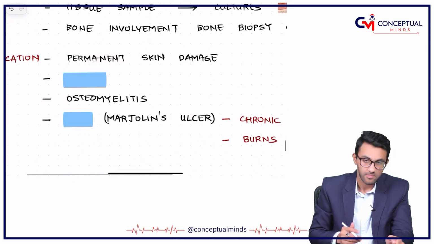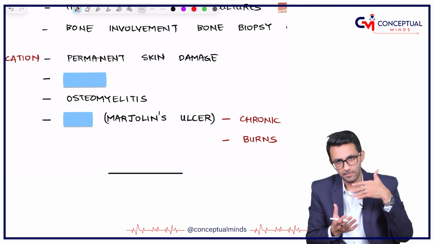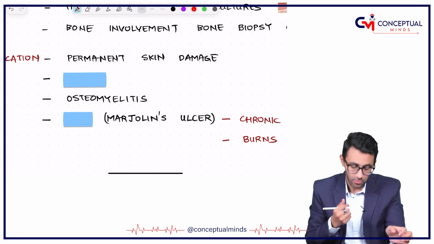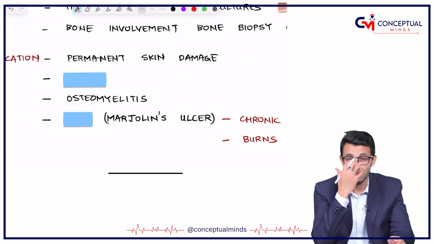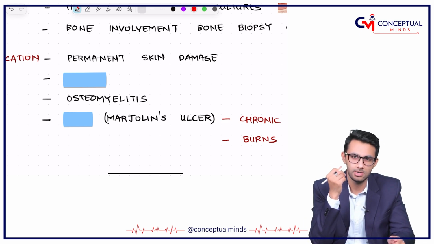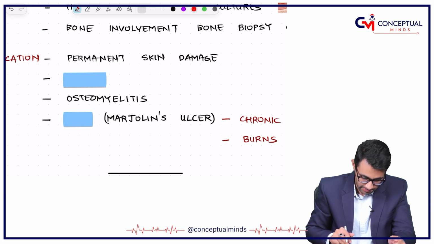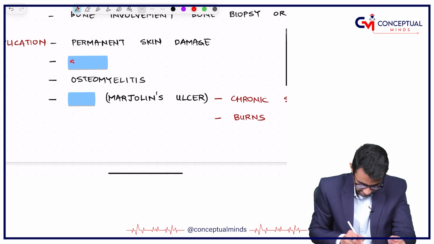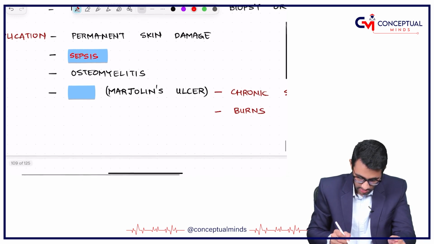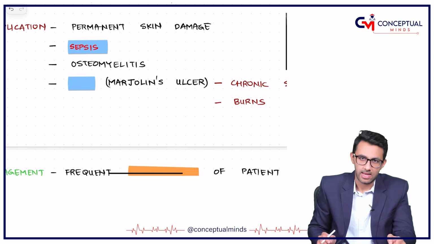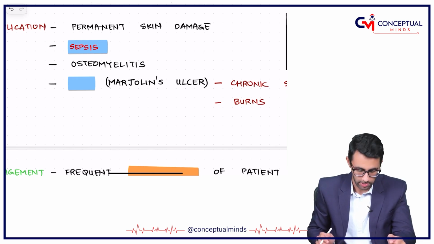There was absolute open access to the tissue, so sepsis could develop, as simple as that. It is a very dreadful condition to have. Osteomyelitis, we rule out by doing a biopsy or MRI. We just discussed that point.